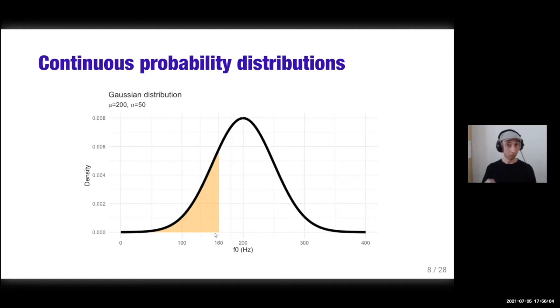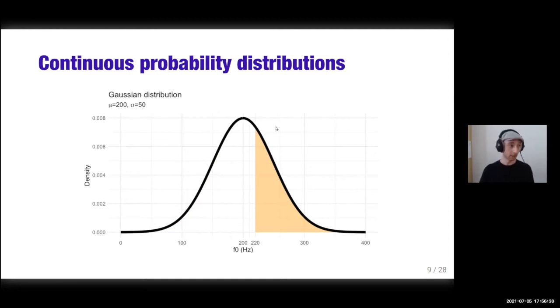So again, the important concept here is the range, like a range between two values. Of course, this is on the so-called left tail of the distribution, but we can also do it on the right tail of the distribution. In this case, you see that the range is between 220 hertz and above.